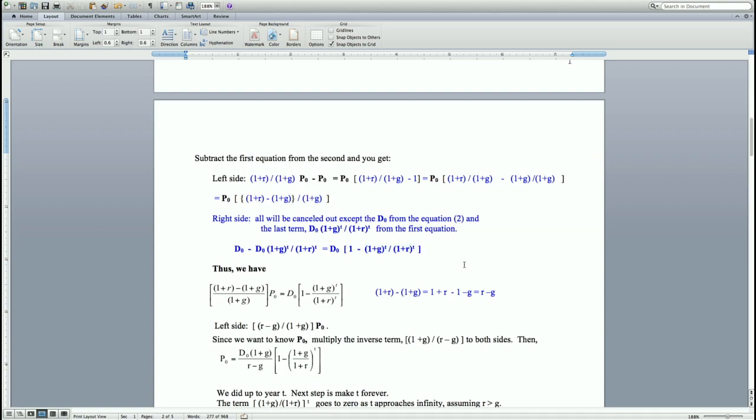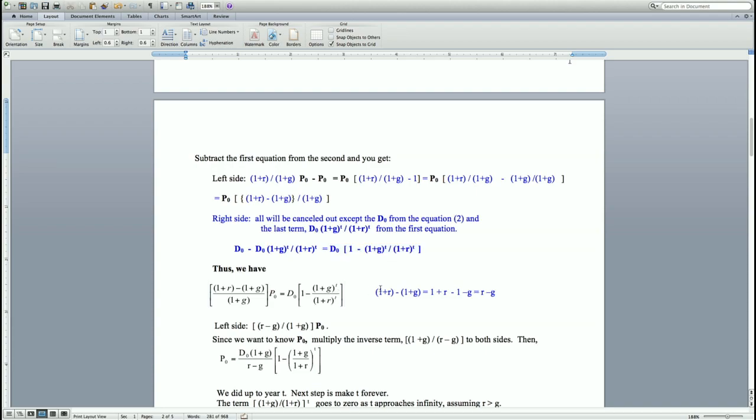So if you write down, we have the left side, remember, okay? 1 plus r minus 1 plus g over 1 plus g times p0. That's the left side. And then on the right side, we have d0, 1 minus 1 plus g to the power t over 1 plus r to the power t. Here, it looks better, right?